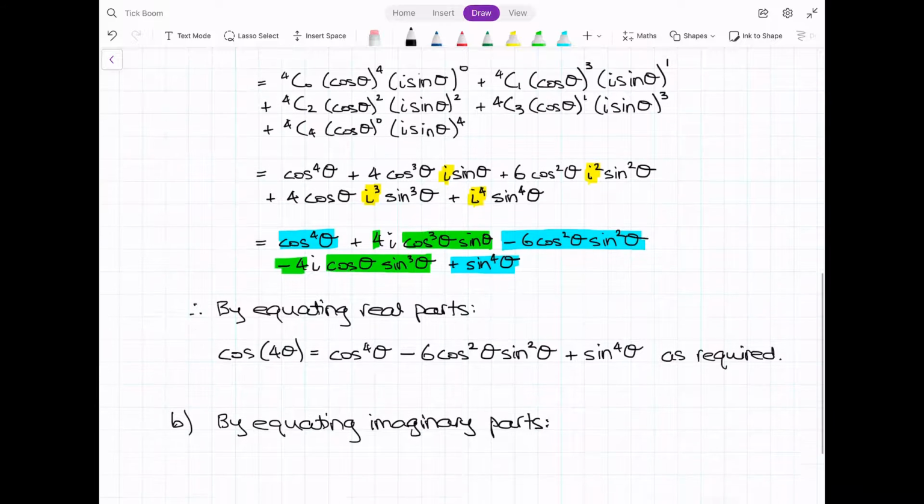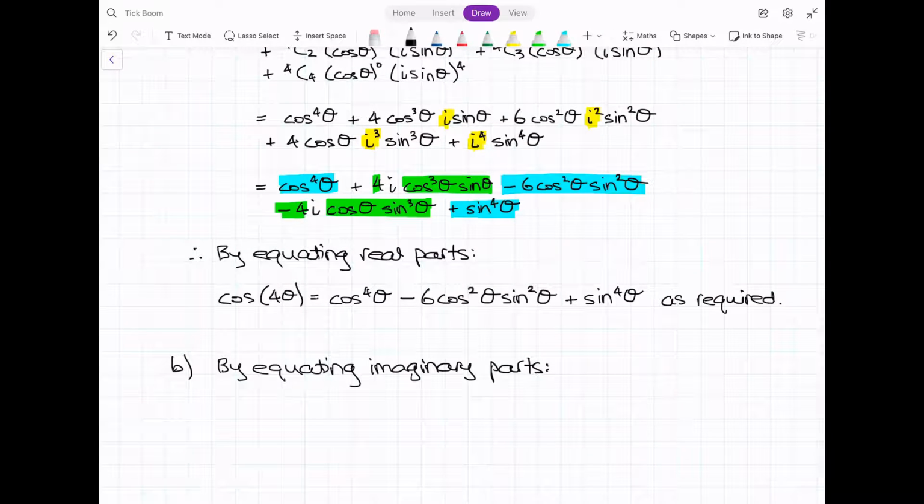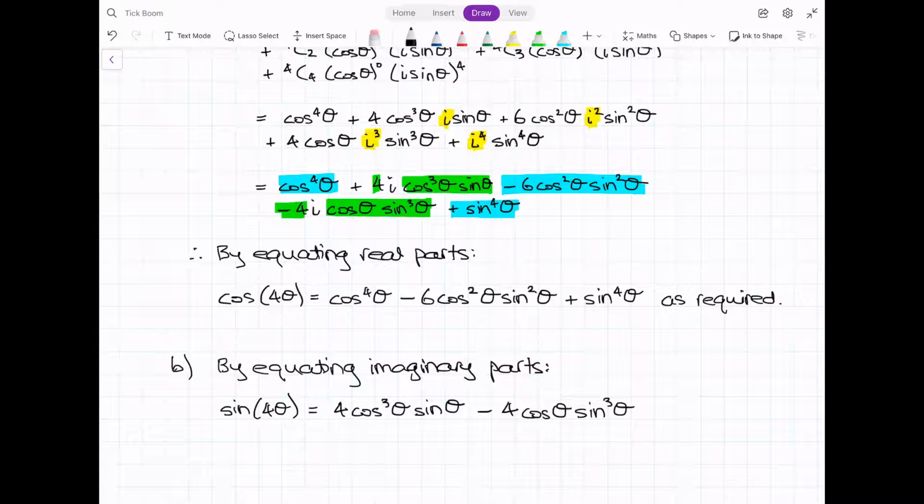So now let's equate those. We end up with sine of 4 theta being equal to 4 cos cubed theta sine theta minus 4 cos theta sine cubed theta.